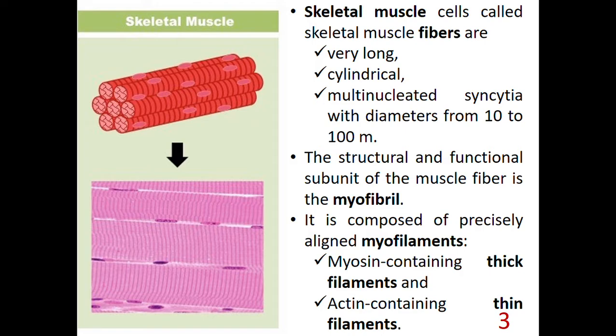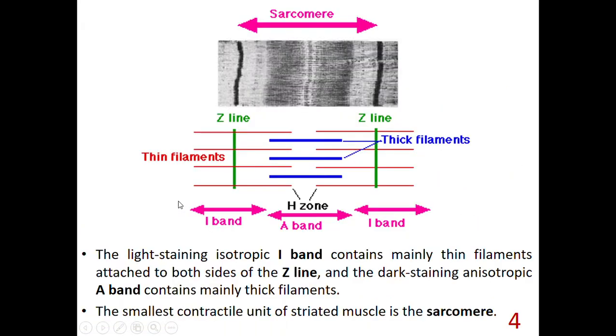Myofibril is the structural and functional subunit of the muscle cell, and it includes myosin-containing thick filaments and actin-containing thin filaments. If you remember from high school, there are some bands and some lines.